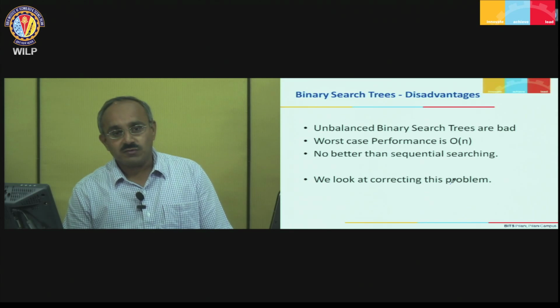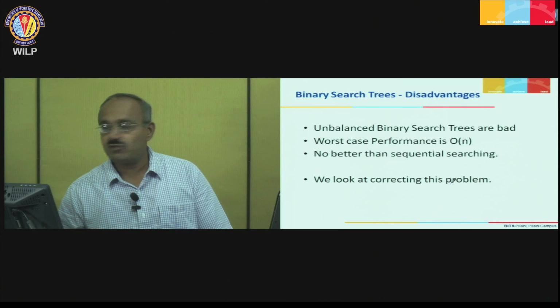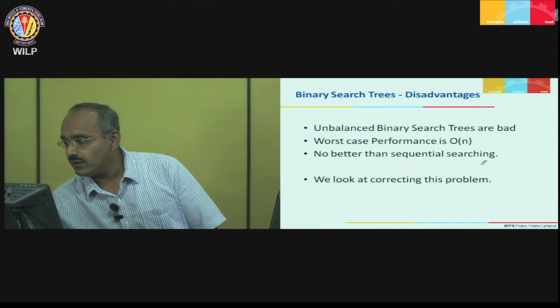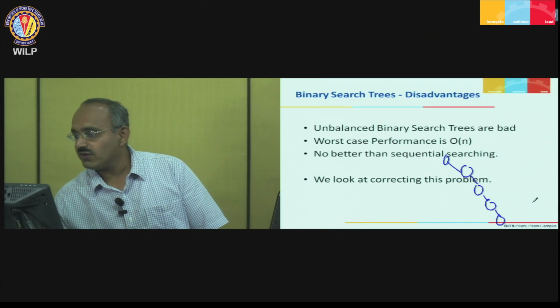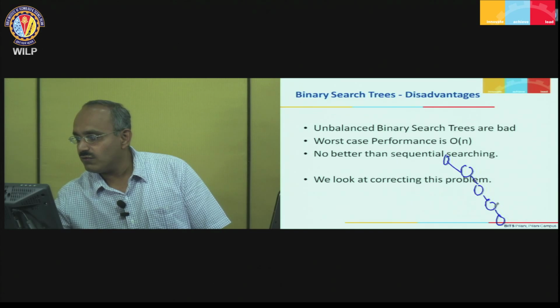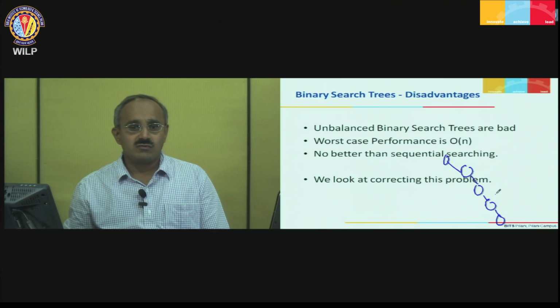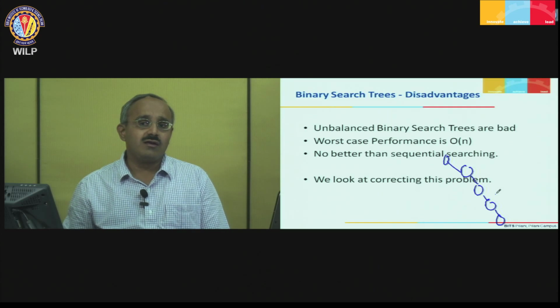The worst possibility is when your binary search tree is completely skewed. That means your 7 keys are going to be something like this: 1, 2, 3, 4, 5, 6 and 7. So, this is a skewed binary search tree.